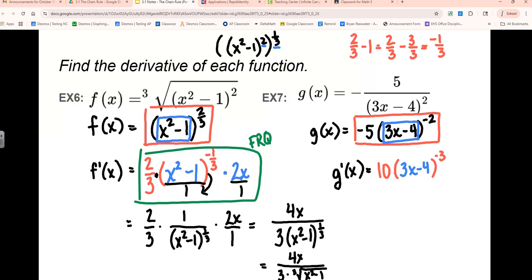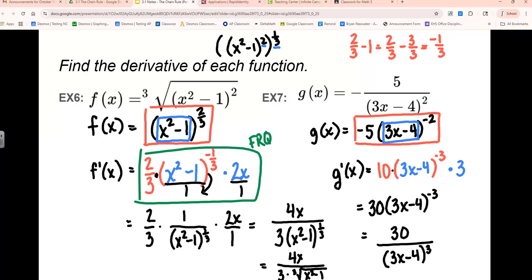What is that? Just 3. All of that stuff is multiplied together. So I could multiply the 10 and the 3 together. So 30. They might write it like this, 30 times (3x minus 4) to the -3. They might leave it with negative exponents. What you're probably more likely to see is then move it back down to the bottom and have (3x minus 4) to the 3rd power.